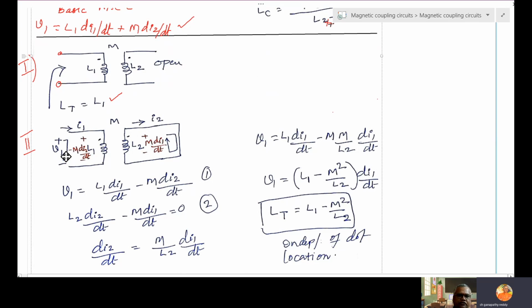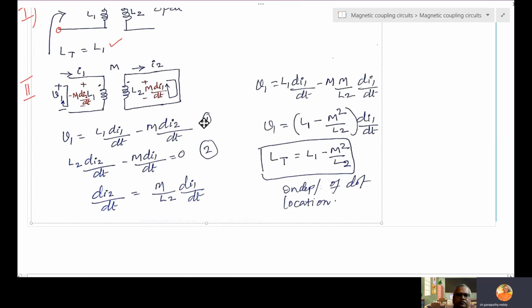Now write the first loop equation: V1 equals L1 di1 by dt minus M di2 by dt, which is equation 1. Second loop equation: L2 di2 by dt, going from minus to plus, minus M di1 by dt, equals 0.